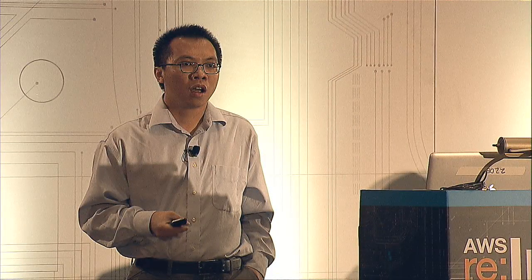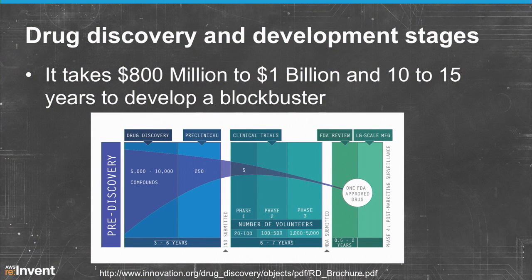For those of you who are not familiar with drug discovery, it has many different stages, ranging from pre-discovery, drug discovery, preclinical, and three different stages of the clinical trial. The whole process is very complicated, and it takes up to 15 years, and it costs around $1 billion.